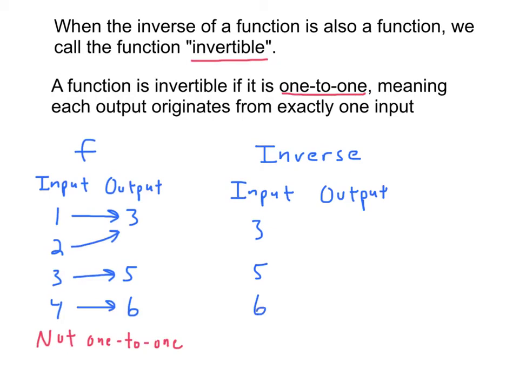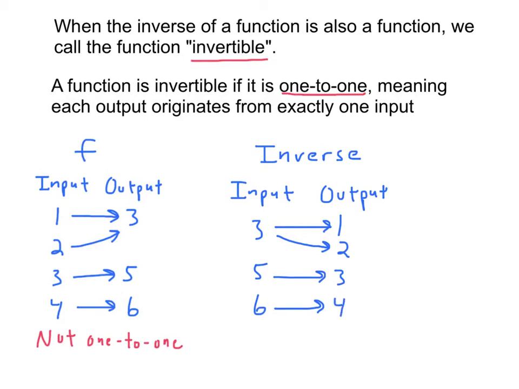And 3 is going to get sent back to 1. And 3 is also going to get sent back to 2. And 5 is going to be sent to 3, and 6 to 4.